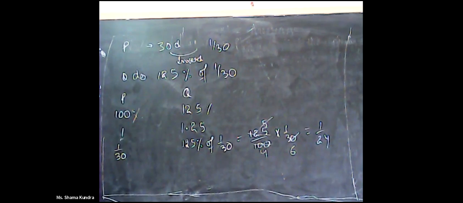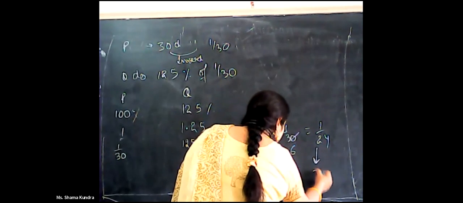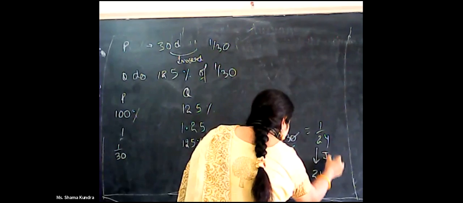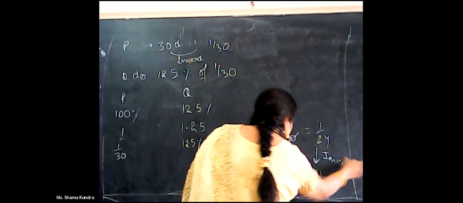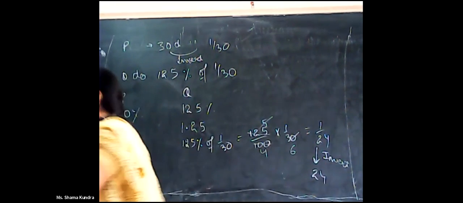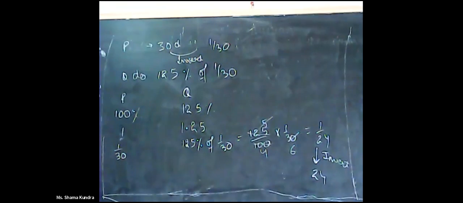If in one day 1 by 24 amount of work is done, then the total work is done in how many days? Simply invert. What we get? 24 days.